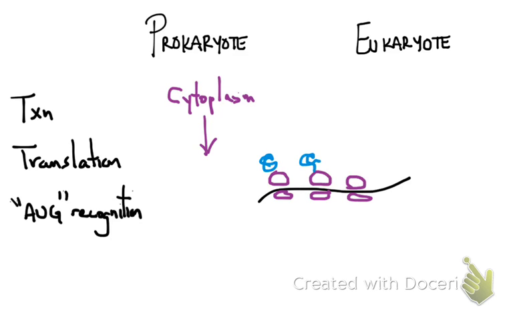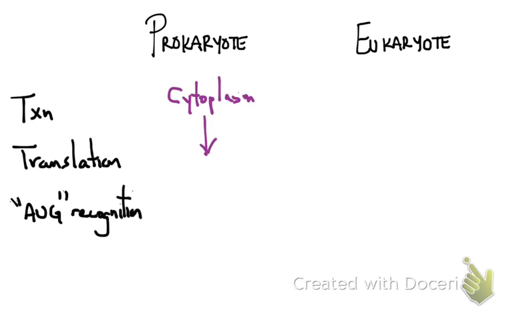So this is our protein coming off of each of these ribosomes. We see these polysomes also in eukaryotes, but what's different is that the transcription has already occurred and the mRNA has been modified before translation is occurring on it.